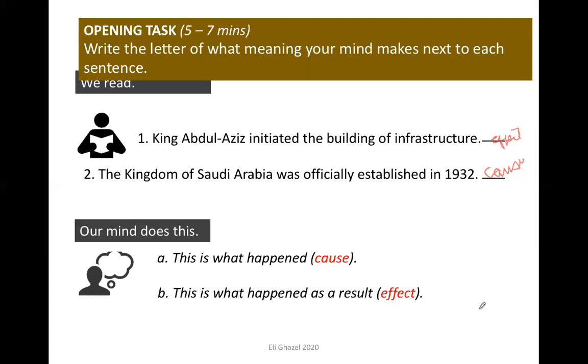So when the country became the Kingdom of Saudi Arabia in 1932, that caused King Abdulaziz to say, okay, now let's start building the infrastructure, which is the roads, the buildings, the power system, everything.